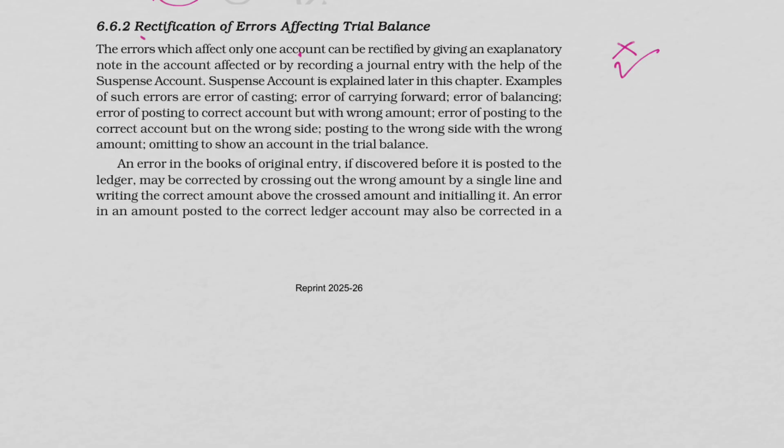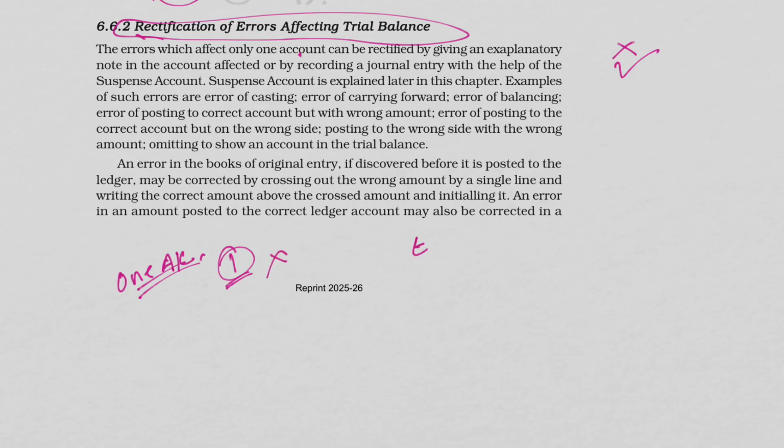So first of all, we'll start with this rectification of errors affecting trial balance. So these are basically the errors that affect only one account. Because only one side is affected, the trial balance will not tally.